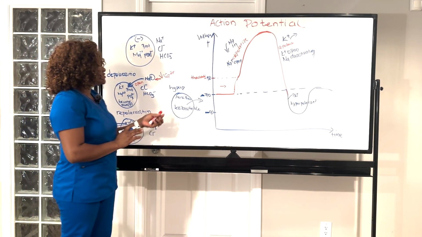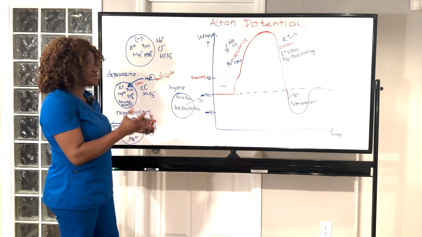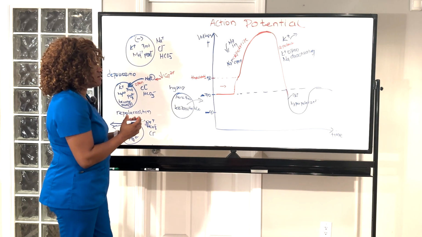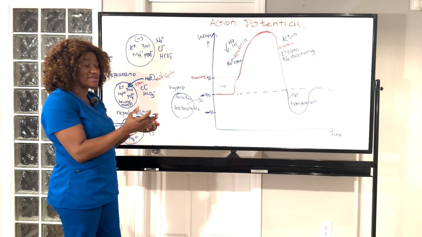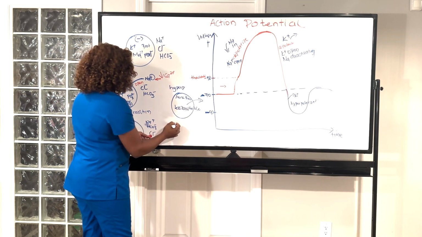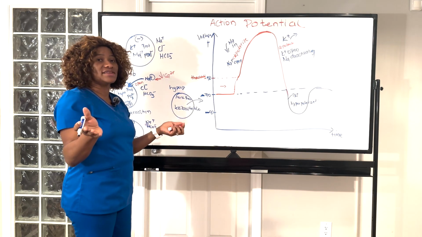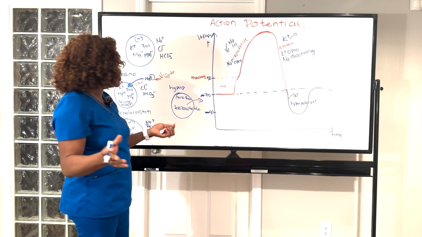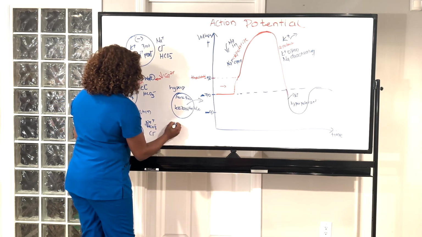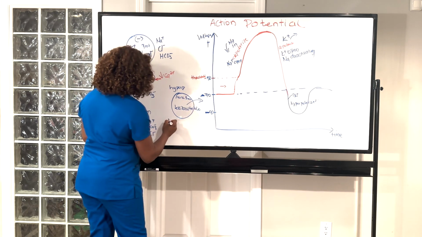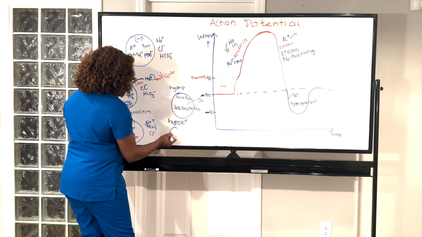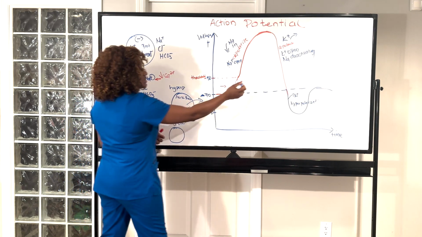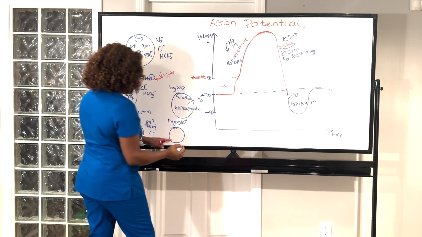Now, we also have disturbance of this action potential phase according to potassium. Let's say we have hypokalemia, we have less potassium in the blood. So in a situation of hypokalemia, and this is our cell, we are still in the repolarization phase.